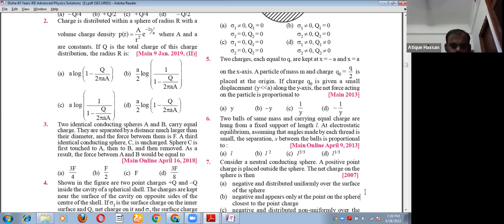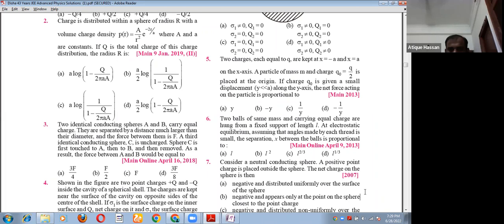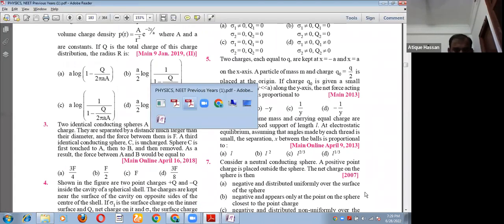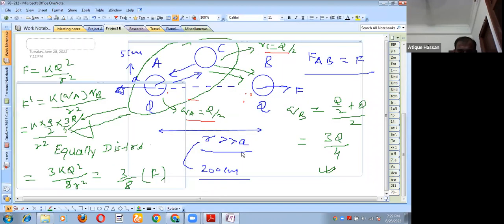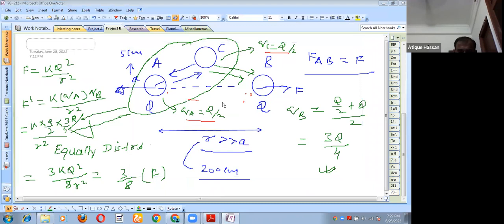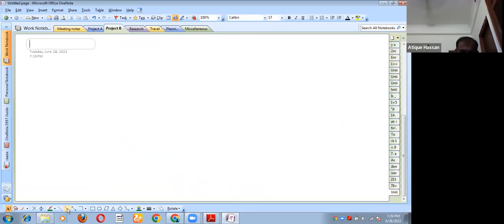So both of you have understood the question? Yashika? So there are two charges which are placed at minus A and plus A. So let us understand it through a diagram. Suppose we have axes like this.